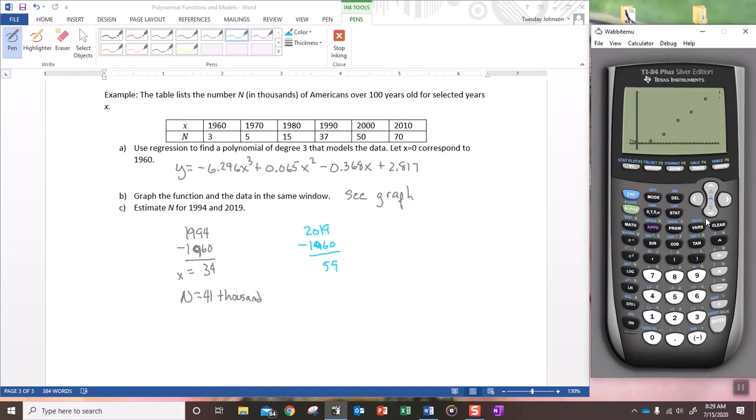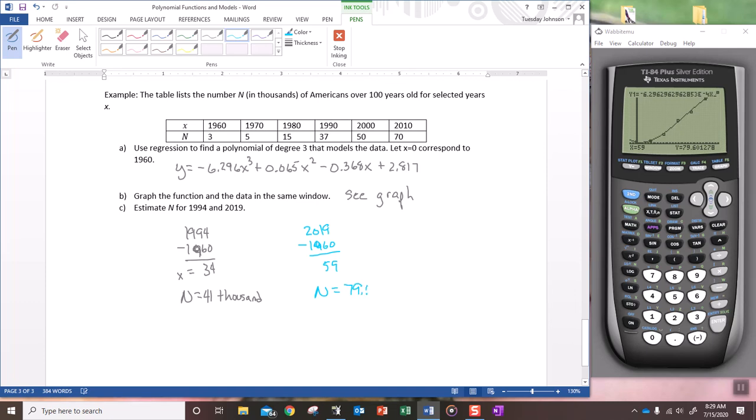Look at the graph again. And I am going to trace the actual graph. I'm going to input a 59, and it will tell me, in this case, that n is 79.6.